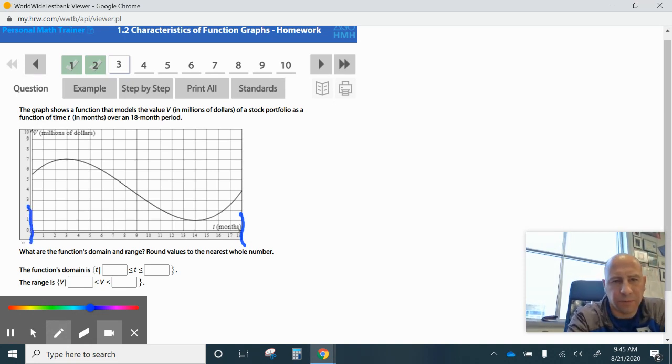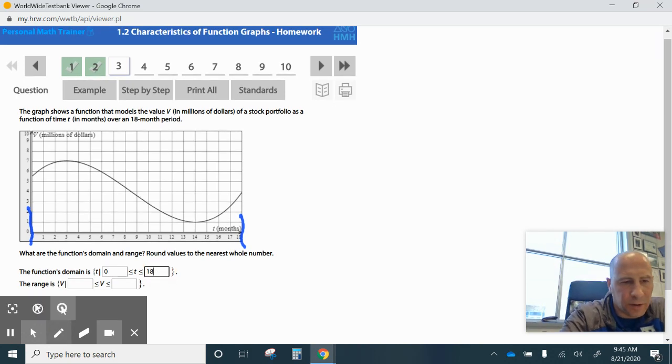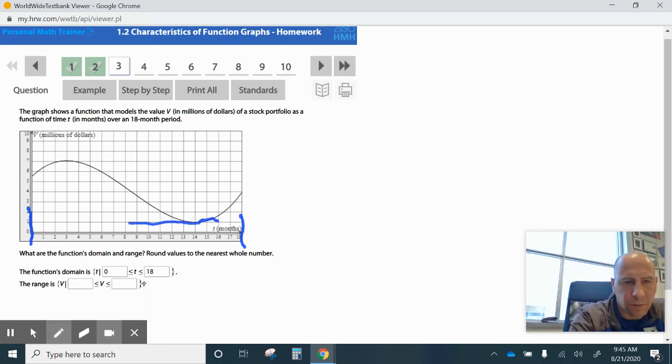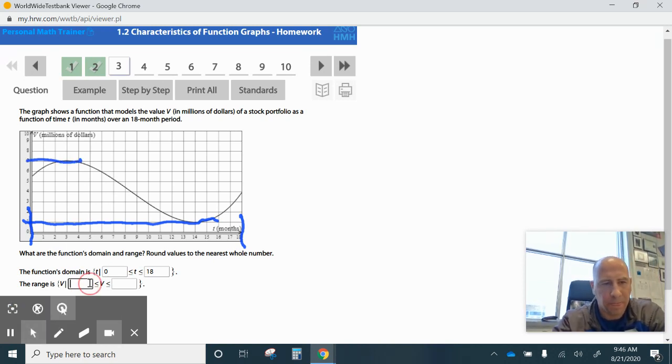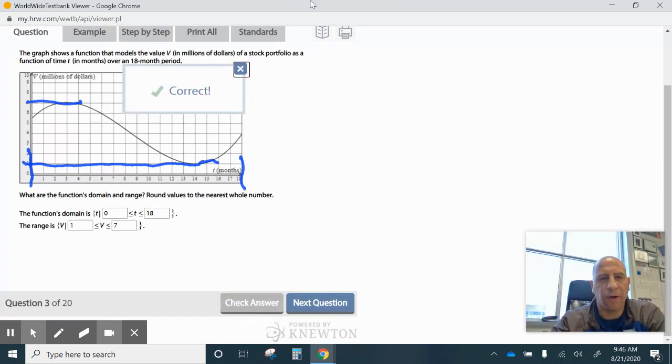Okay, so from 0 to 18. Now the range is the lowest point to the highest point. So the lowest point's right here at 1. So it's from 1 to 7. Check answer, correct.